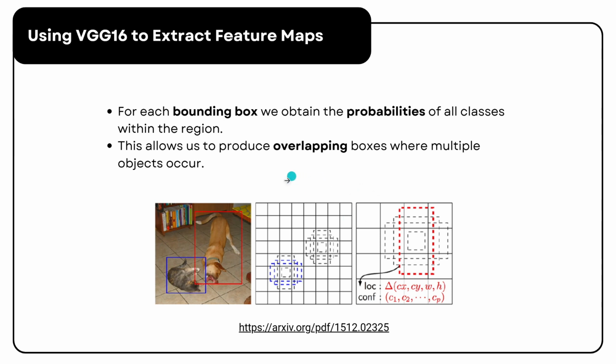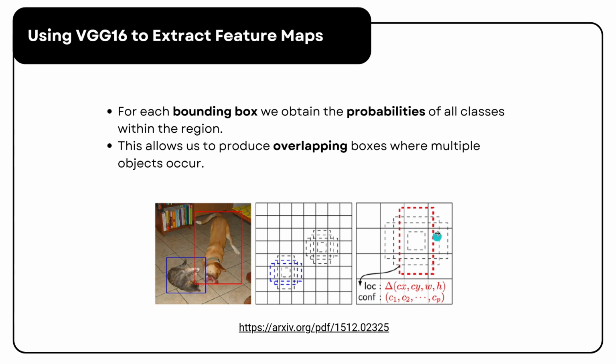The advantage of this approach is that it enables overlapping predictions. Even if multiple objects appear close together or within the same region, the SSD model can still detect them individually. Looking at this diagram, you will notice that there are multiple bounding boxes around this dog, and some of them overlap.